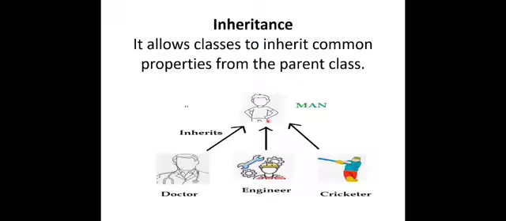Let's see the example. The class is man. We can inherit common properties like color, shape, height, weight, etc. And it creates classes like doctor, engineer, cricketer, biker, etc.